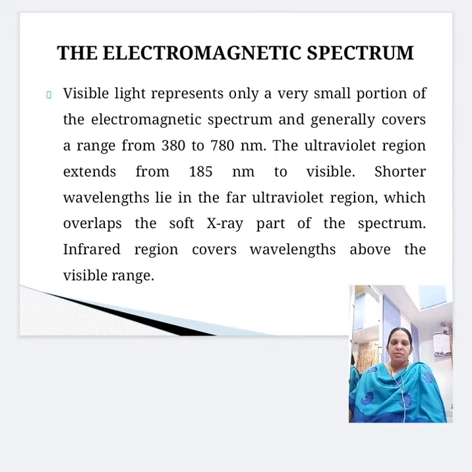Shorter wavelengths lie in the far ultraviolet region, which overlaps the soft X-ray part of the spectrum. Then the infrared region covers wavelengths above the visible region. So the shortest wavelength is gamma rays, then X-rays, then ultraviolet rays, then the visible region, then the infrared region, then the microwave region and the radio waves.